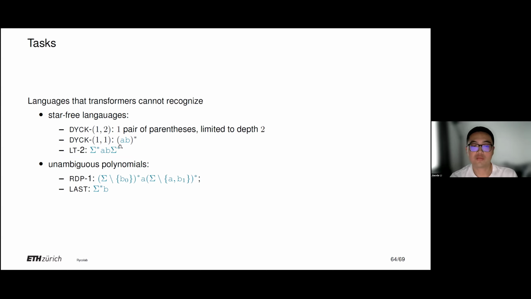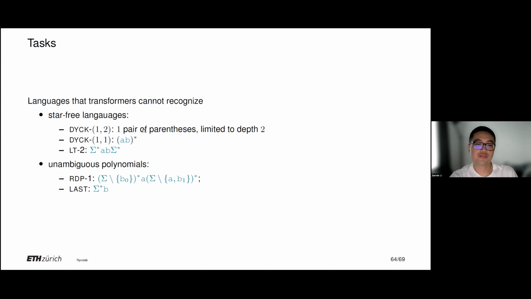Also Dyck-1 1, which is just (AB) star, right? And locally testable languages such as alpha beta, AB, alpha beta, so anything that contains AB as a substring. Also RDP, which is right deterministic polynomial, something symmetric to LDP but cannot be recognized by transformers. And the last, anything that ends with a symbol B.